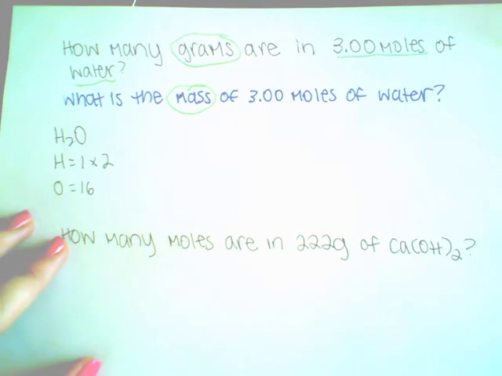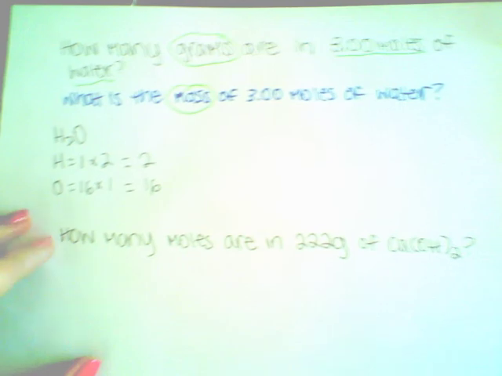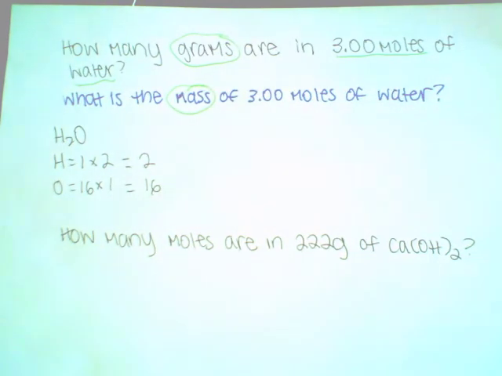Remember, I get these values from your periodic table, and there's just 1 oxygen, so times 1. I multiplied 1 times 2 to get the mass of the 2 hydrogen. I multiplied 16 times 1 to get the mass of oxygen, and now I need to add those together. The answer is 18 grams per mole.